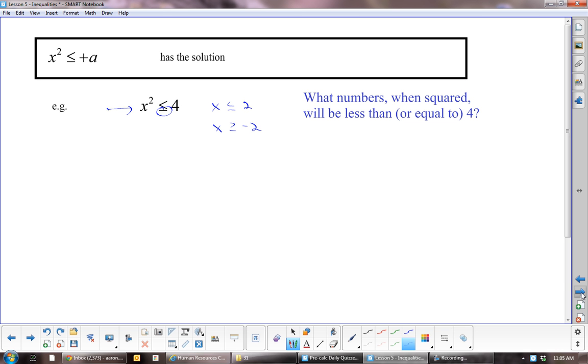Okay, so I actually use this kind of example to keep things straight for me. x has to be greater than or equal to negative a and less than or equal to a.